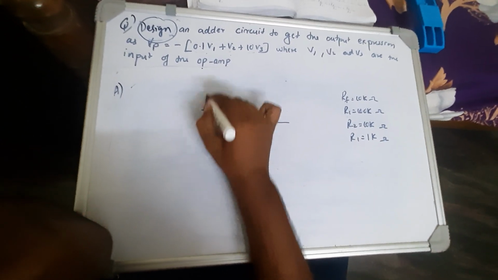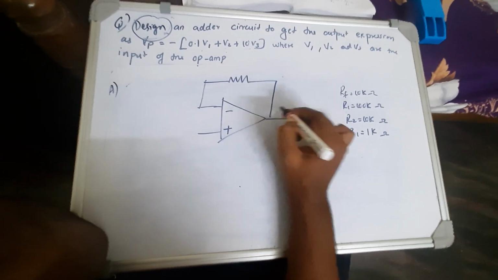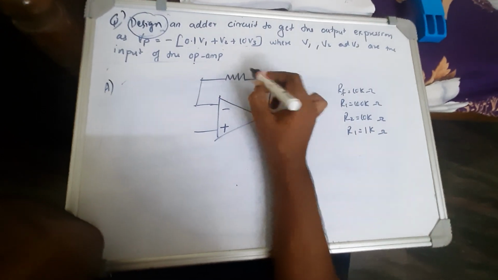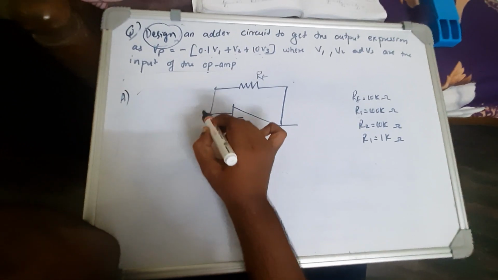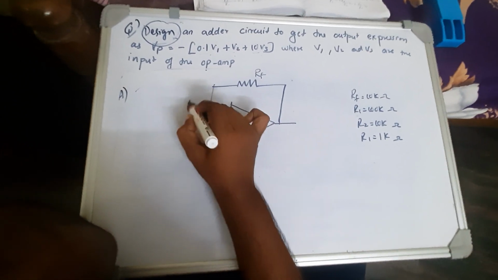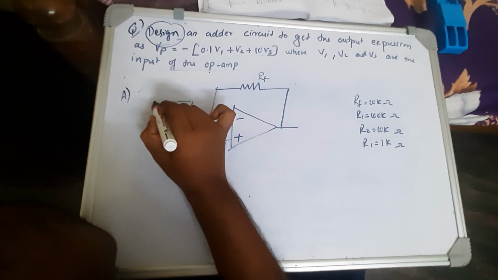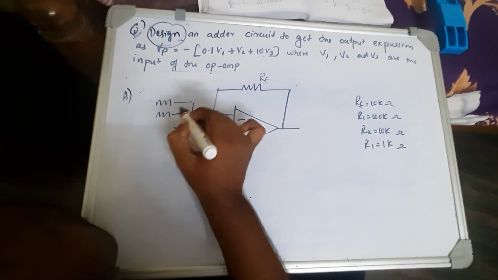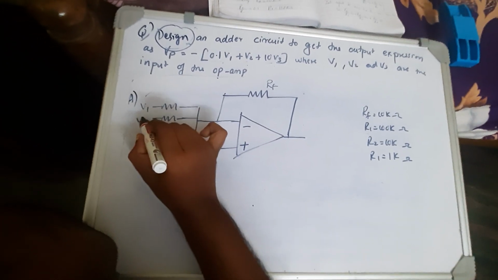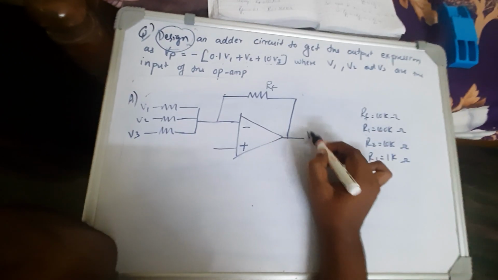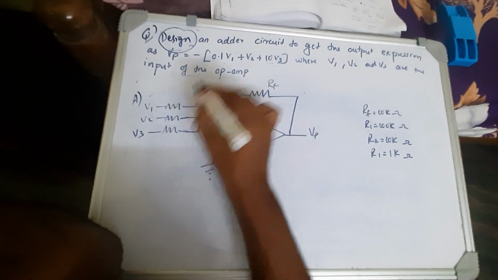Since this is a closed-loop circuit, not open feedback, there is a feedback, so Rf will be there. And it's an inverting circuit, so all the inputs should go to the inverting terminal. There are 3 inputs, V1, V2, V3, and the output is named as Vo. The non-inverting terminal is grounded.